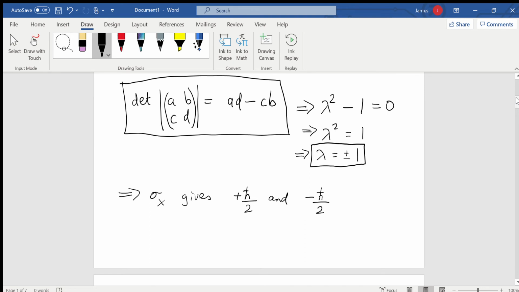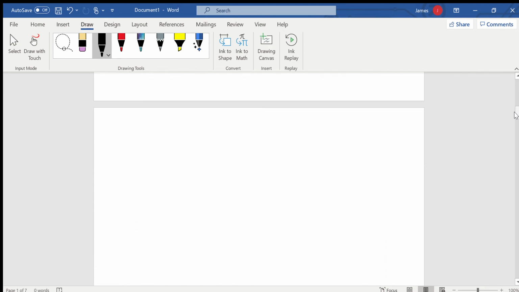Okay, we'll do the same thing and I'll try and get a move on, lots to do. Let's do the same thing for sigma y. So for sigma y, we've got the determinant of the Pauli matrix sigma y, which is 0, minus i, i, 0, minus lambda times the identity, which we now know is just lambda, lambda, 0, 0.